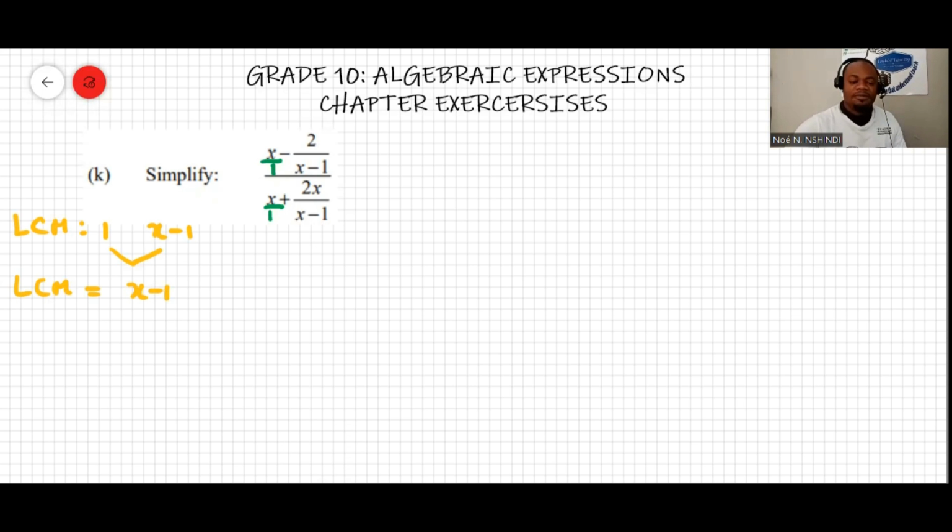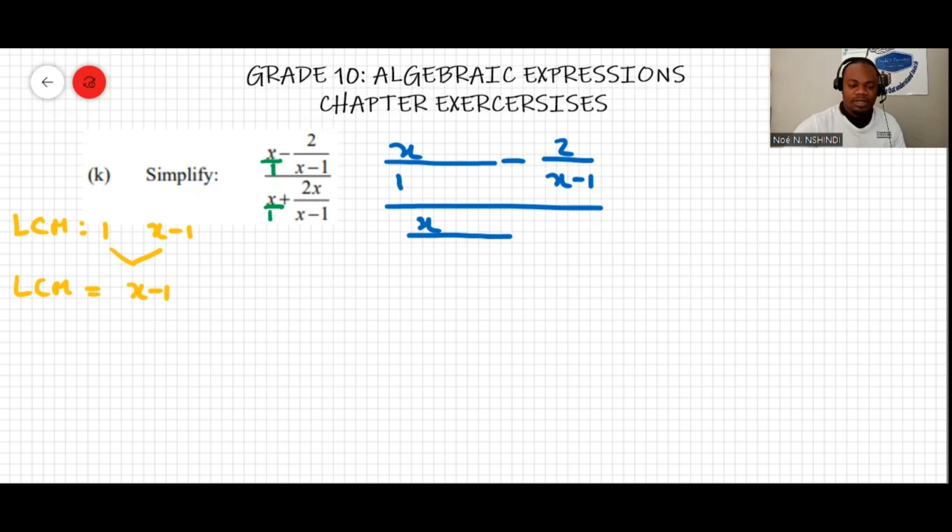Now we can write, I need to change this 1 into x minus 1. So I write like that, 2 over x minus 1. And then the x, and then 1 there minus 2x over x minus 1.